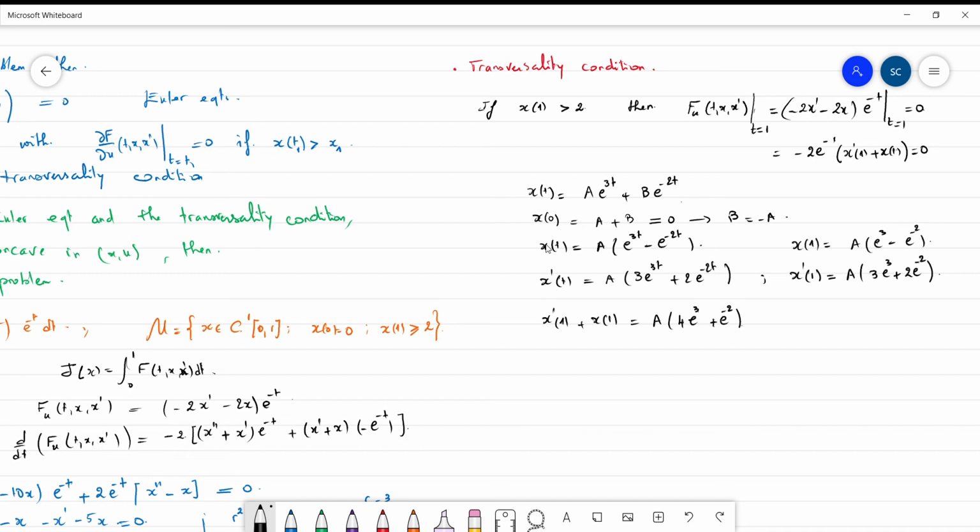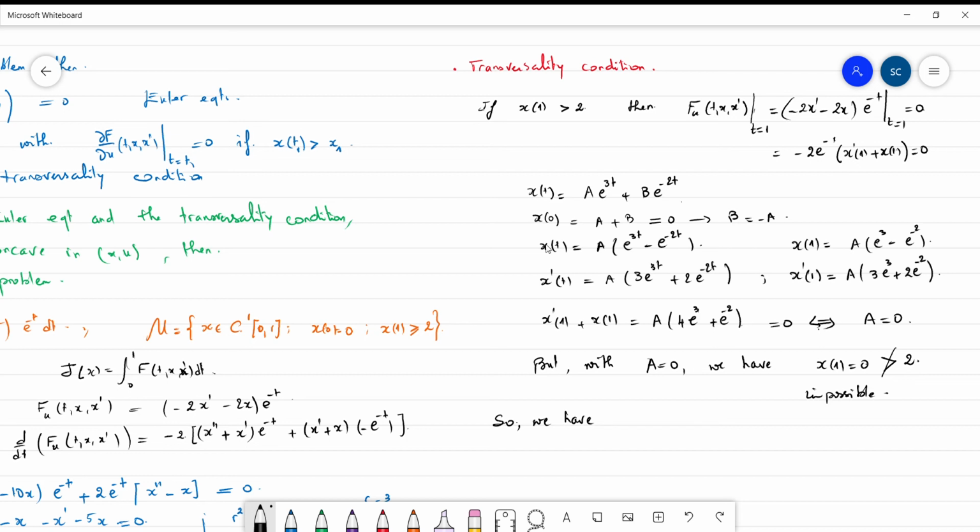So this condition is satisfied, equal 0, if and only if a equals 0. But with a equals 0 we have x1 that is 0, which is not greater than 2, so impossible.